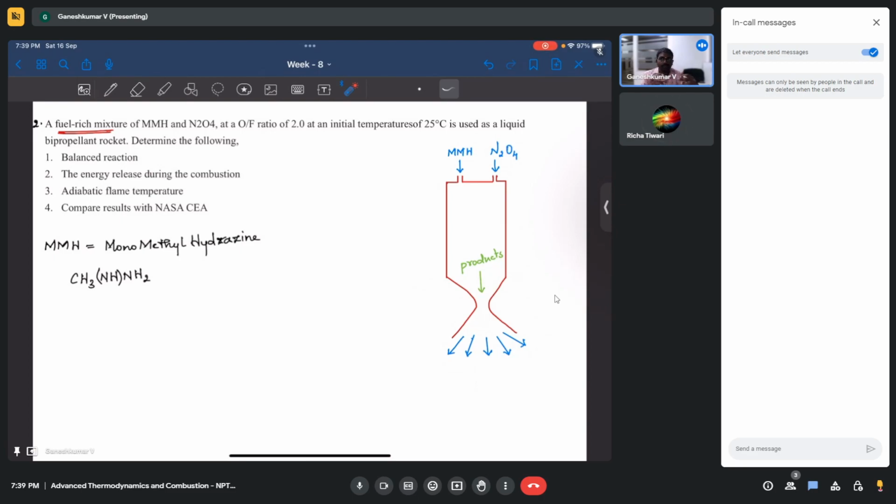If you just let the gases come out without this CD nozzle, it will have very low velocity. But this CD nozzle acts as an accelerator. It accelerates the gases from low speed to high speed. Here the speed would be subsonic, here the speed would be supersonic. When you increase the speed, you get more force for a rocket.